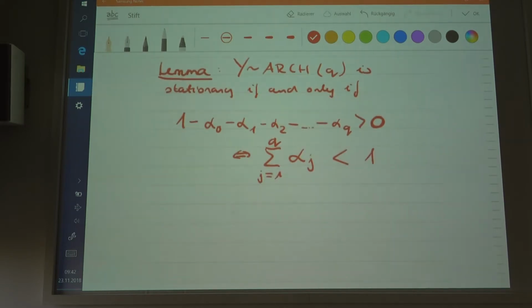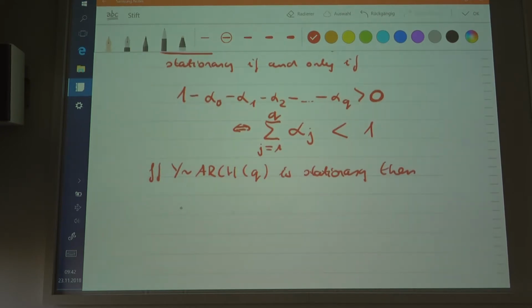And if the ARCH process is stationary, then the expectation is 0, the autocovariances are 0, but the variance is not 0, and of course it will not be time dependent either.